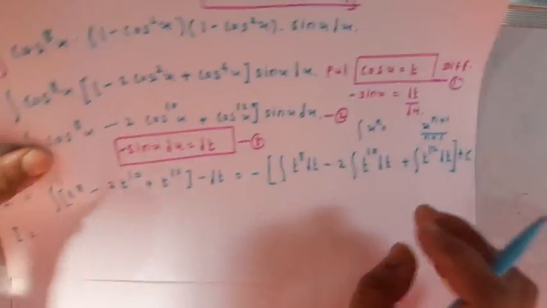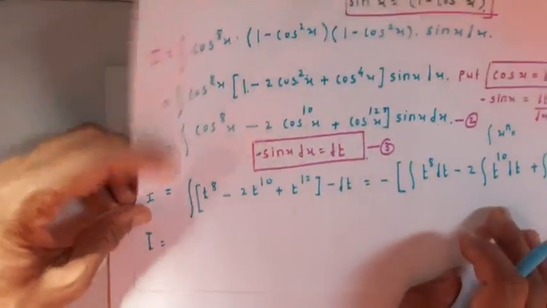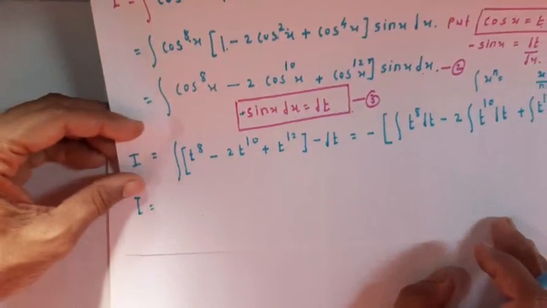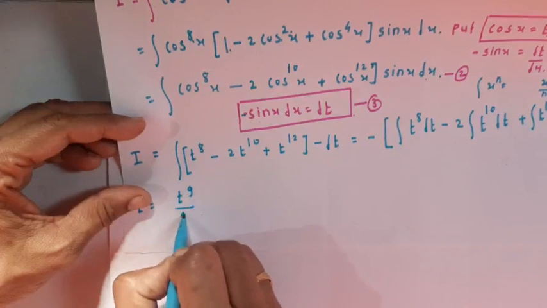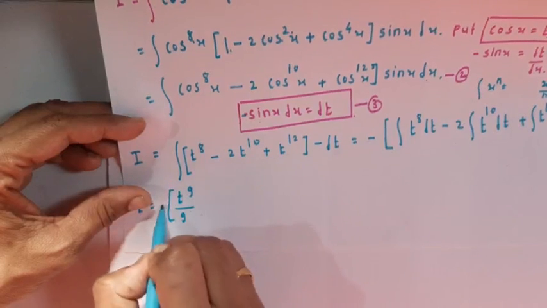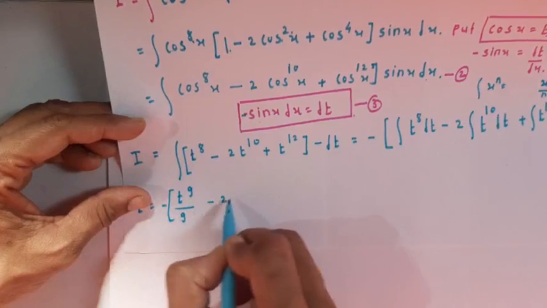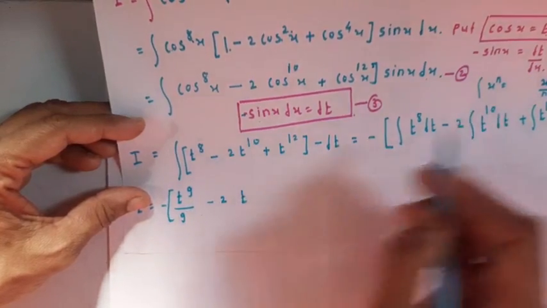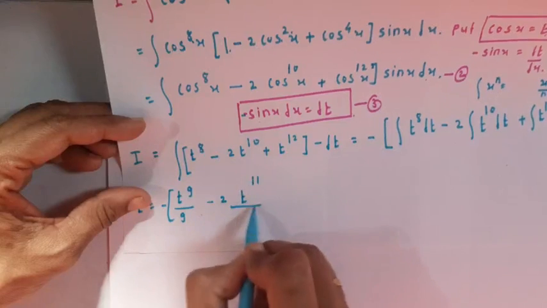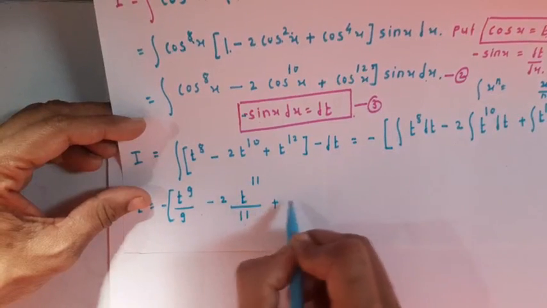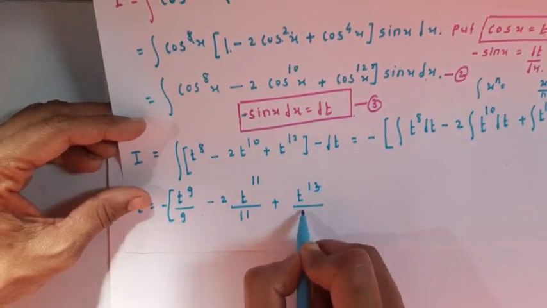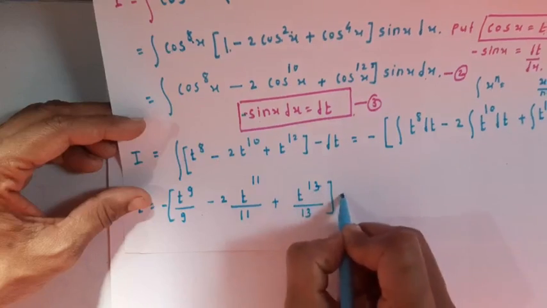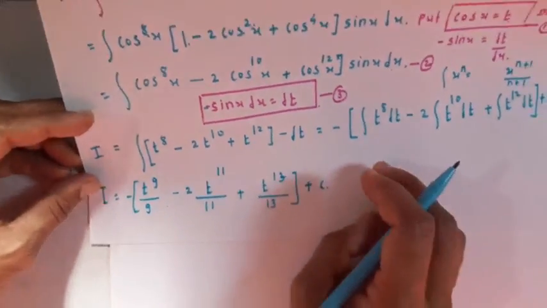So here that is equal to t raised to 9 upon 9, the negative sign is outside, minus 2 into t raised to n plus 1, that is 10 plus 1 is 11, upon 11, plus t raised to 12 plus 1, that is 13, upon 13, and plus constant of integration c.